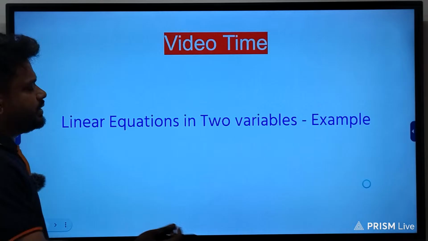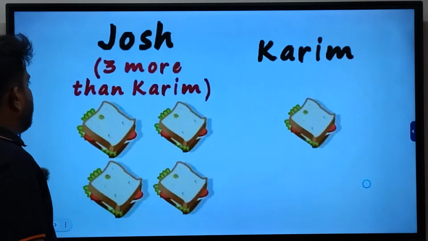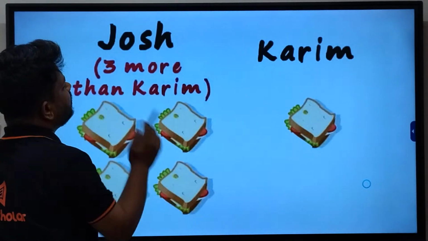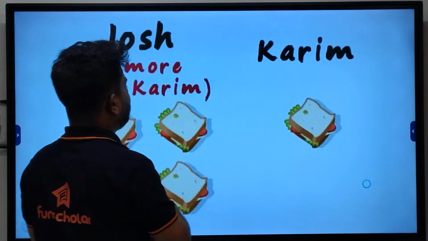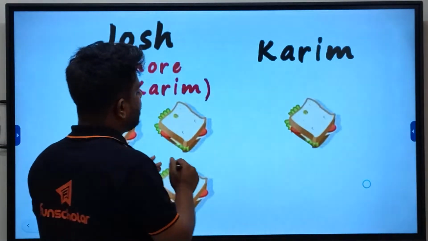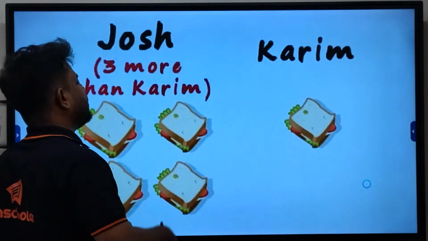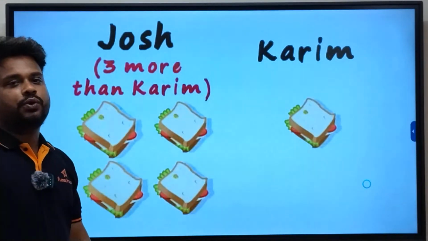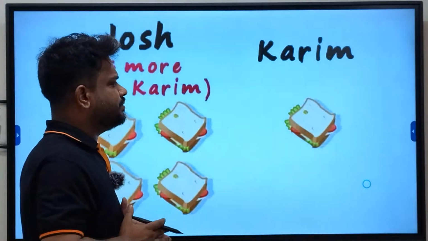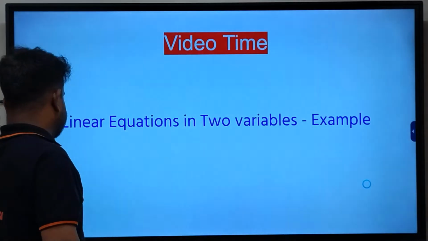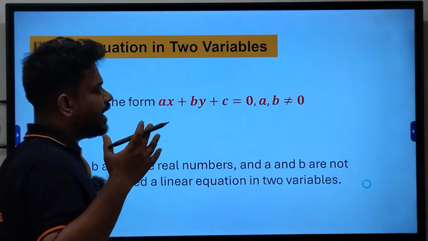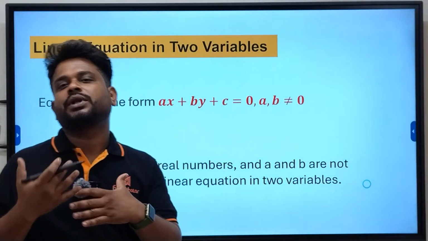And yes, the previous sum: Josh has 3 more sandwiches than Karim, and they had 5 sandwiches in total. So Josh has 4 sandwiches and Karim has 1 sandwich, total 5 sandwiches. This one was pretty easy, but let's go further to see how the real examples will look.